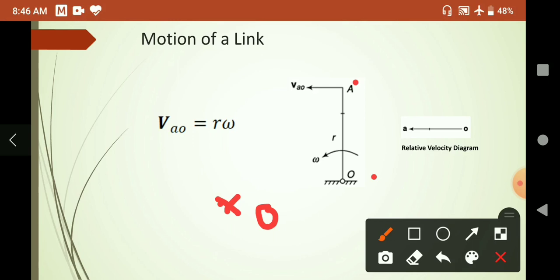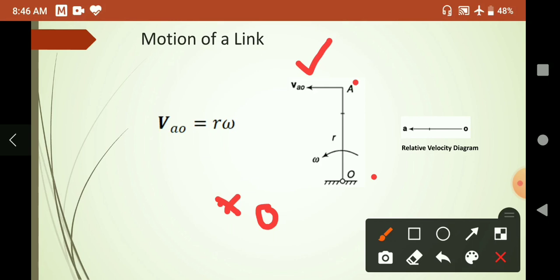First we are going to indicate the direction of velocity. We know that the direction of velocity is perpendicular to link OA towards the left.